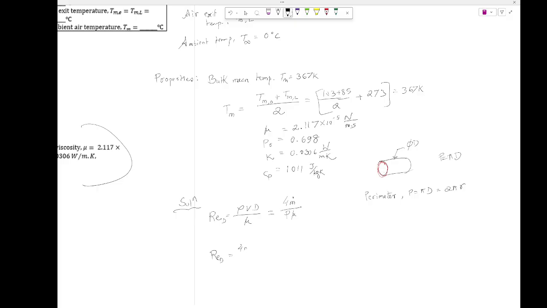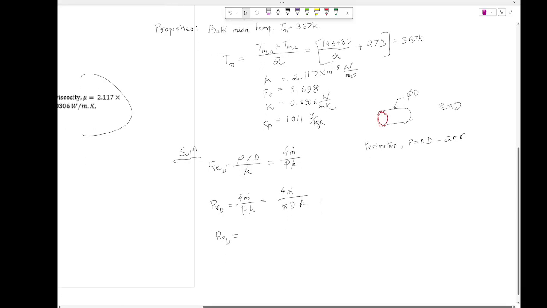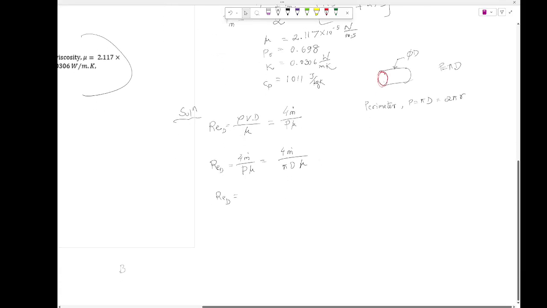So 4 m dot divided by P mu, and then I'll be writing 4 m dot over pi d mu. I don't have the radius directly, I have the diameter directly. Can you find the value of Reynolds number by using this? Should be, right?